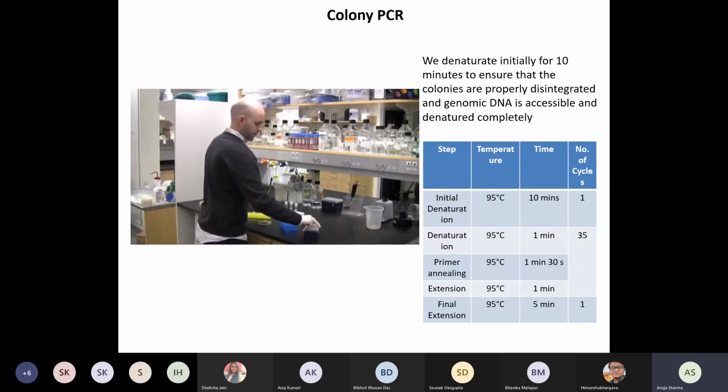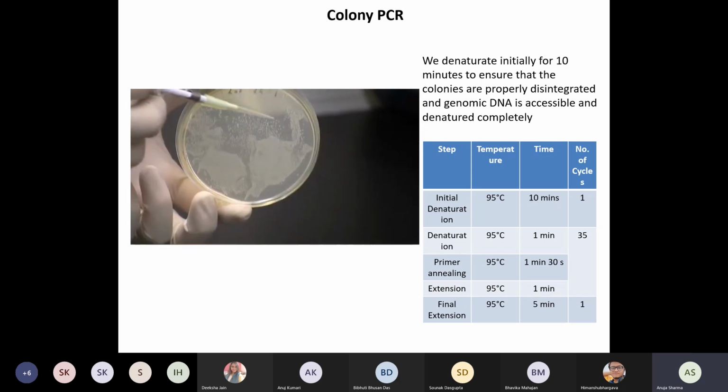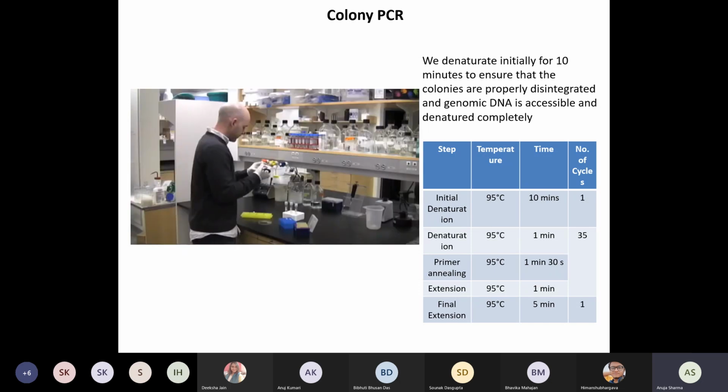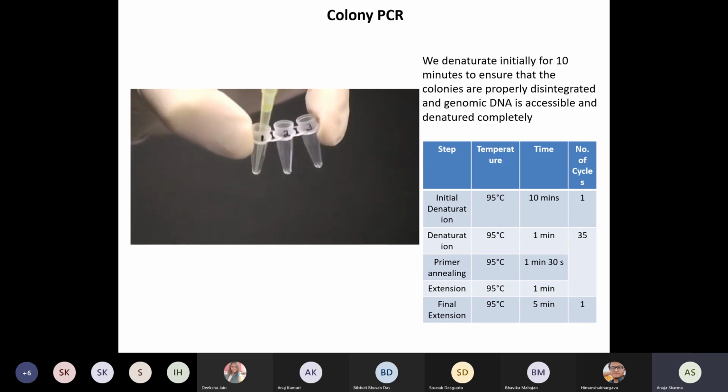So to do this, I use just a normal 200 microliter tip, and then you want to swipe one colony. It's very important that you're getting only one colony. Okay, now with the colony on the tip of the pipette, you want to go into the bottom of the PCR tube and basically rub the tip all around the bottom of the PCR tube.